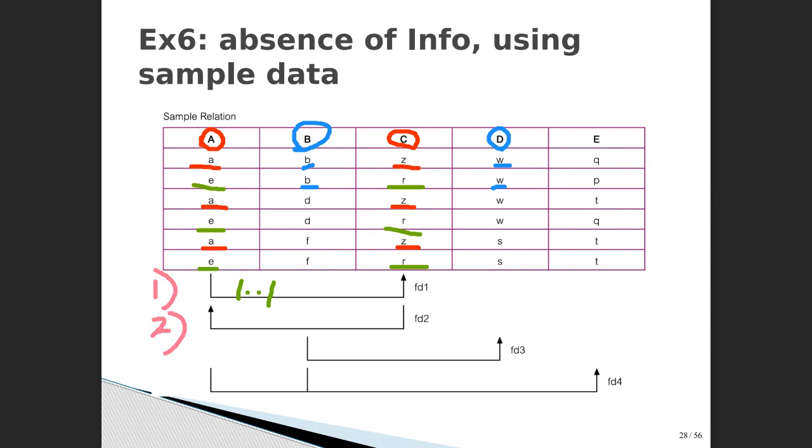Another value can be seen for w. Both b and d are finding w. So two values of B, which are small b and small d, are finding w. So from this side, it's 1 to many.